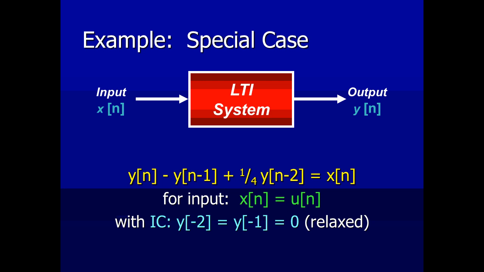Okay. So then we should be able to plug this back in the original difference equation, which looks like y of n minus y of n minus 1 plus a quarter times the forced response of n minus 2 has to be x of n.